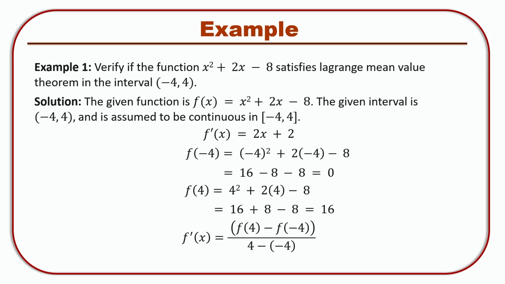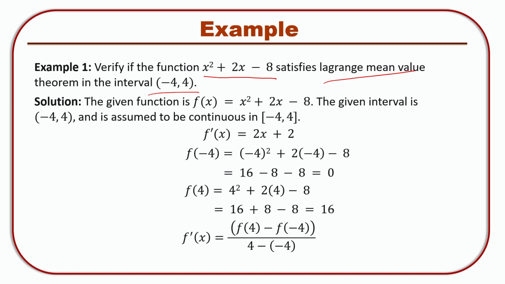Now let's take some examples and try to solve them using the Lagrange mean value theorem. The first problem says: verify that the function x square plus 2x minus 8 satisfies the Lagrange mean value theorem in the interval minus 4 to 4. How to verify that?